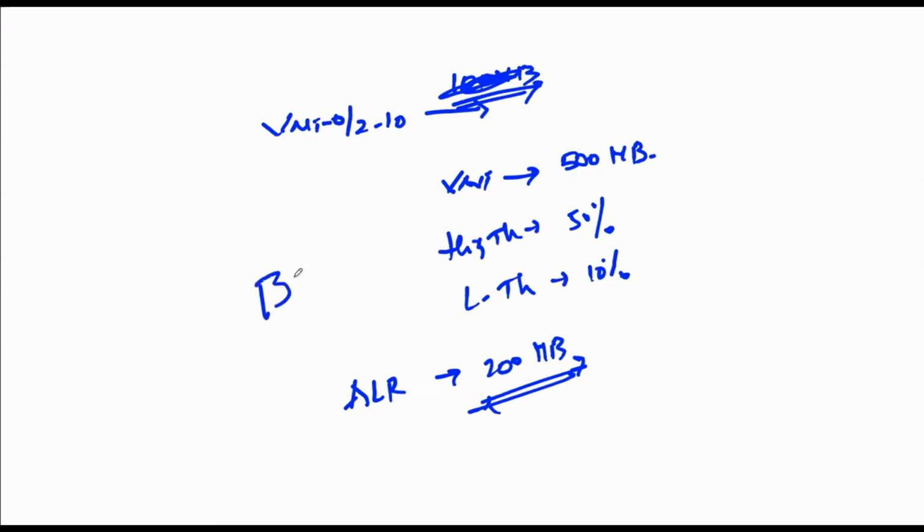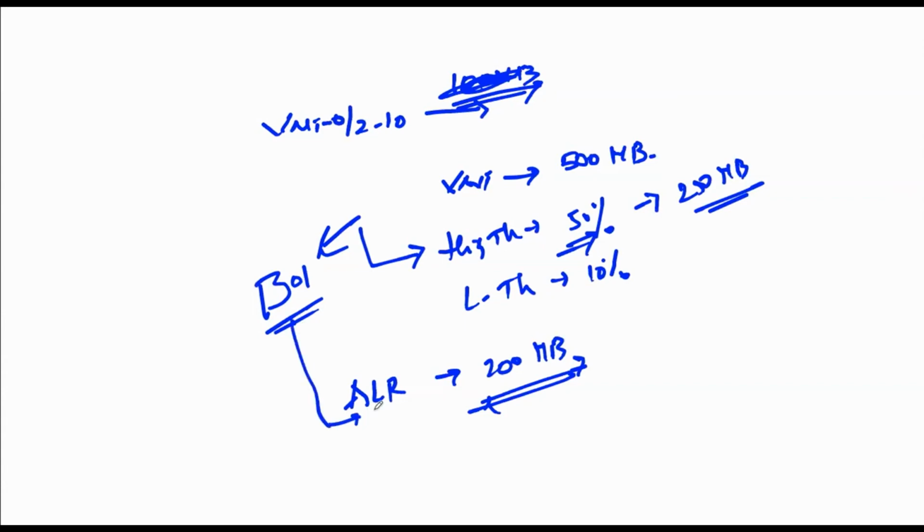The moment the branch has received incoming traffic which is exceeding the high threshold, which is nothing but 50%, reaching 250 MB, the branch will start asking to reduce the bandwidth on this ALR.